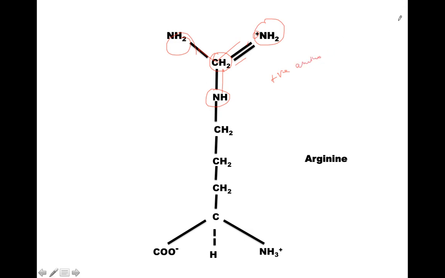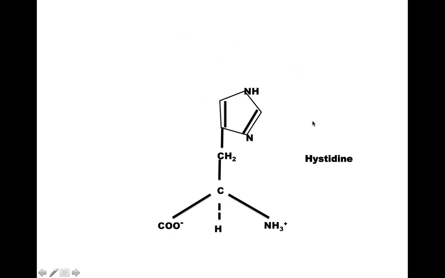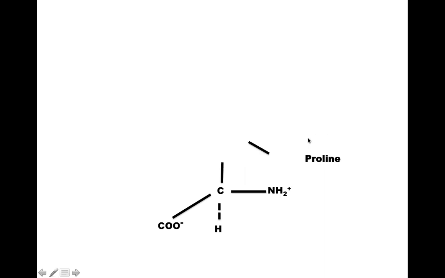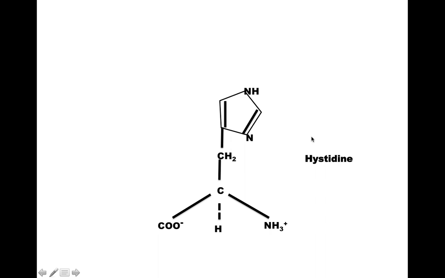There were 2 negatively charged amino acids, remember, glutamic acid and aspartic acid, right? There is another one which is positively charged, and this is called histidine. Now histidine is a pentagon, so what we have is an alanine with a pentagon, and it has 2 N groups here.